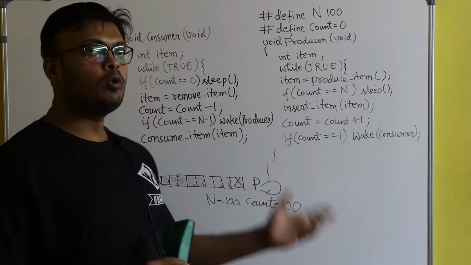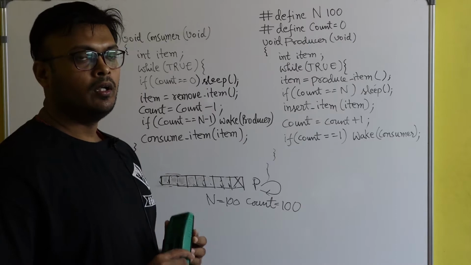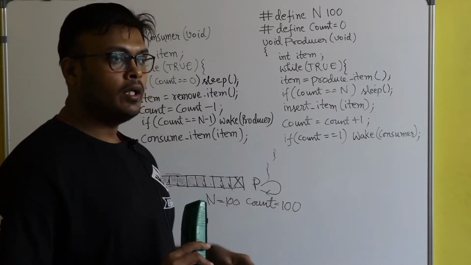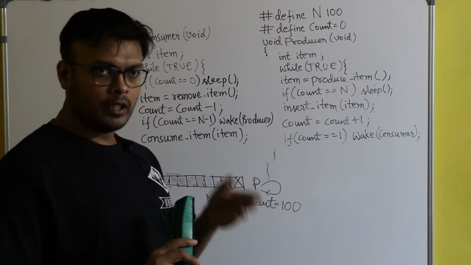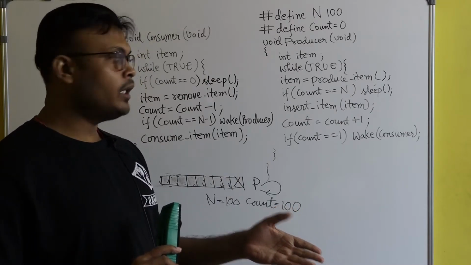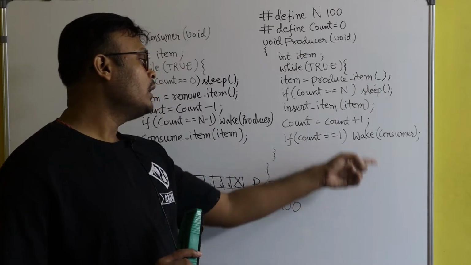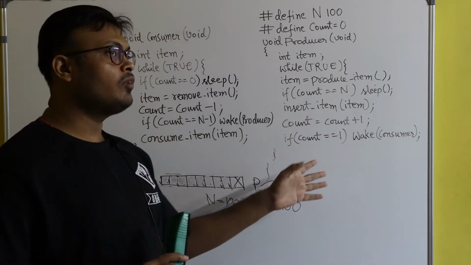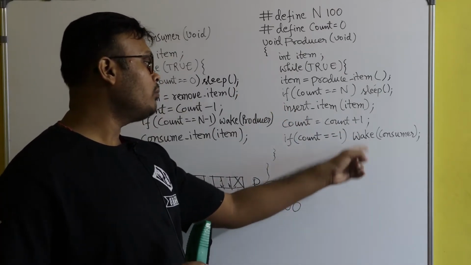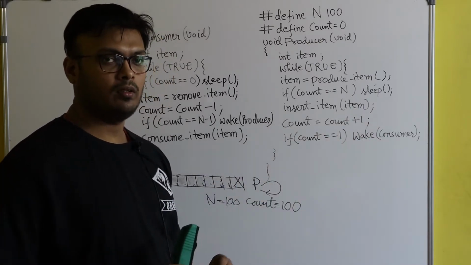But why is the producer waking the consumer? Because waking means, if someone is sleeping, then you will wake him up. It definitely means that the consumer was sleeping. That's why the producer is waking the consumer.